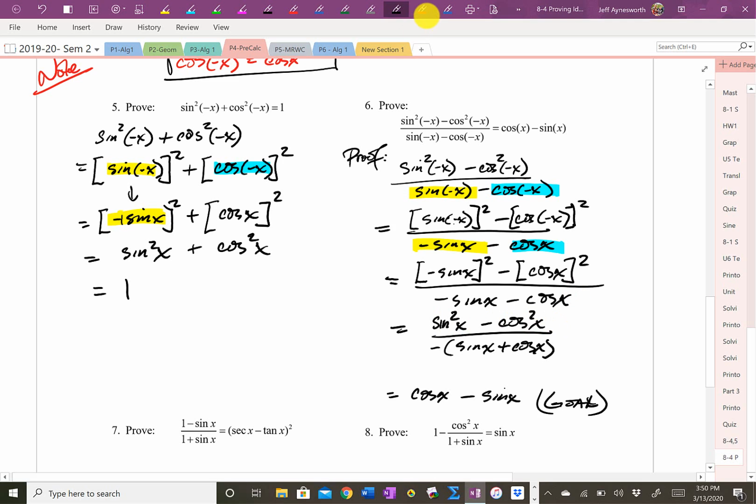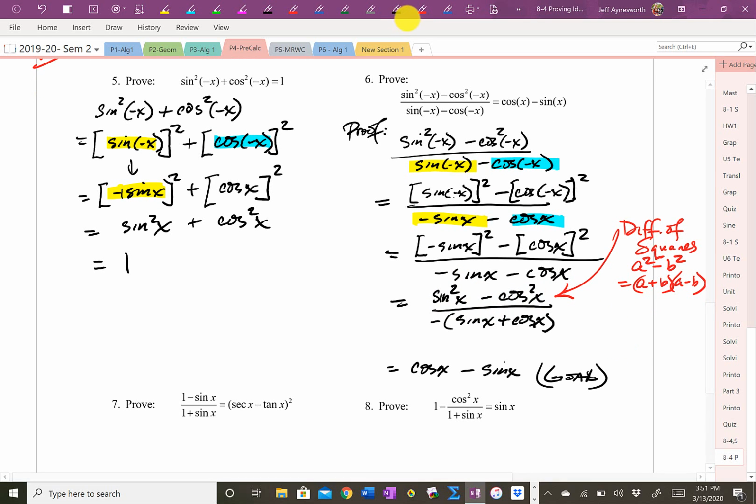So this up here, I'm going to make a little note: this is called a difference of squares. If you ever see a squared minus b squared, that's always equal to a plus b times a minus b. This is what you learned in Algebra 1. Something squared minus something squared is called a difference of squares.